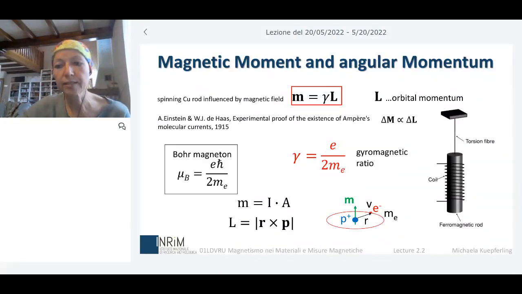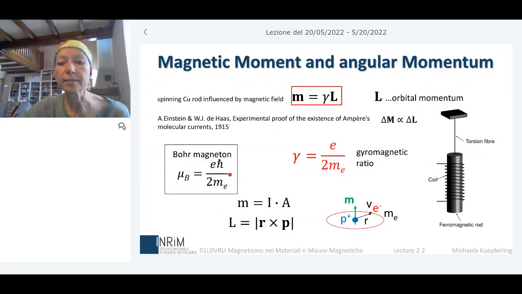Of course, this brings us back to our elementary magnetic moment, which is called the Bohr magneton, and which is the magnetic moment of an electron in the Bohr atom model. Already considering the quantization of the Bohr atom model, the electron cannot take infinite states and is confined to quantized states.